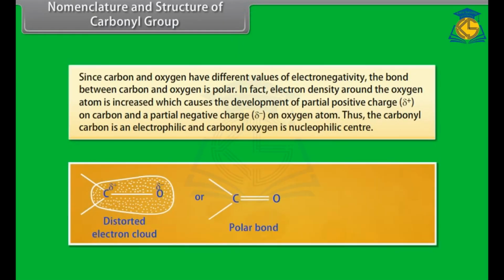Since carbon and oxygen have different values of electronegativity, the bond between carbon and oxygen is polar. In fact, electron density around the oxygen atom is increased, which causes the development of partial positive charge on carbon and a partial negative charge on oxygen atom. Thus, the carbonyl carbon is an electrophilic and carbonyl oxygen is nucleophilic center.